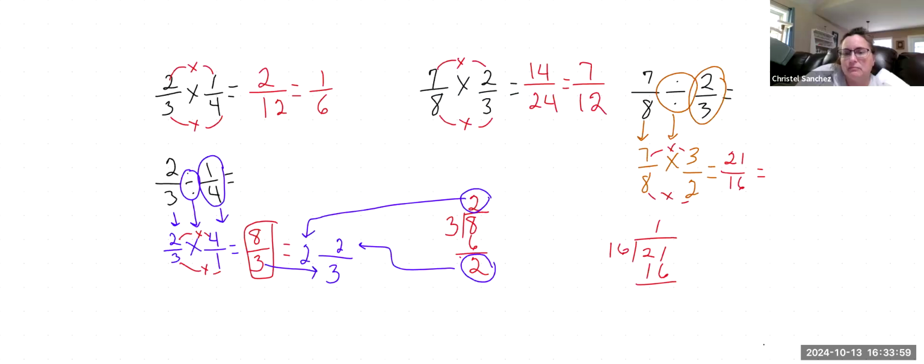So I have 1, my remainder is going to be my top number, and my bottom number is going to be 16. Sorry, that was pretty messy. So my answer would be 1 5/16.